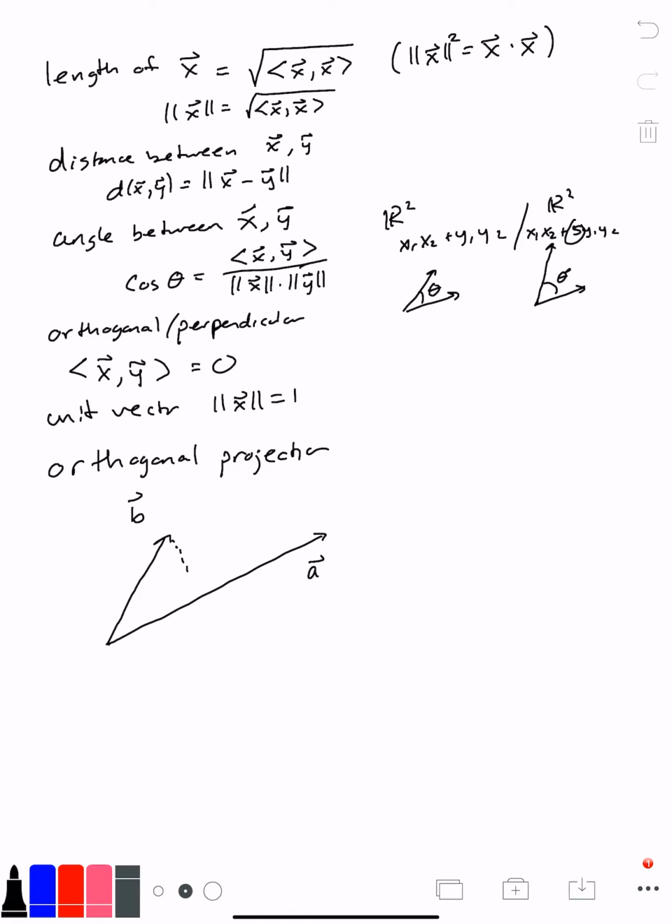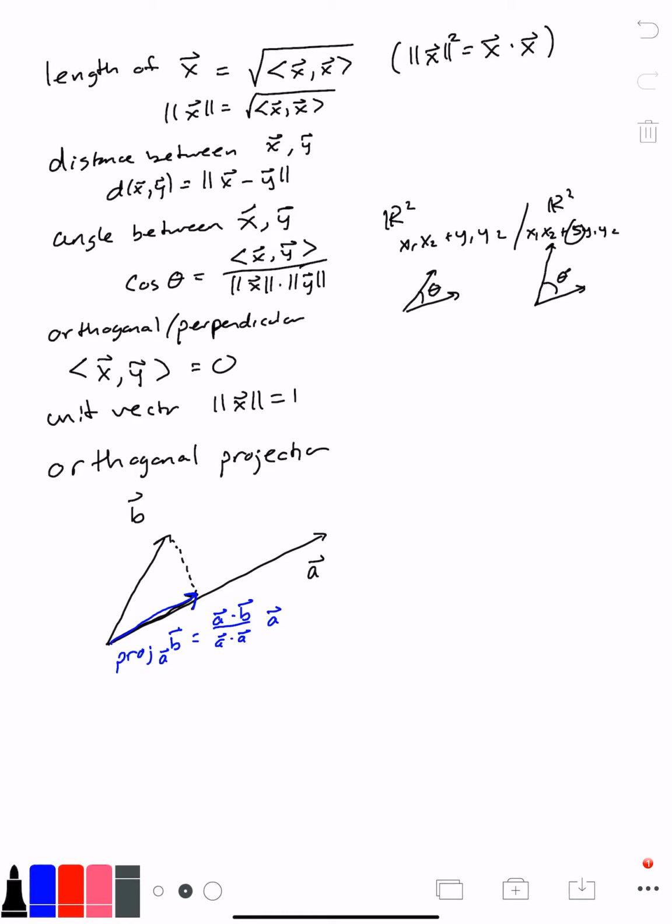You want to see what part of the vector B is in the same direction as A. What is this vector right here? That was called the projection vector of B in the direction of A. You may or may not recall what it is: A dot B over A dot A times A. That was the formula for the projection vector.